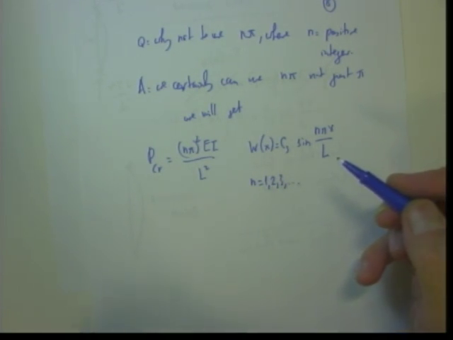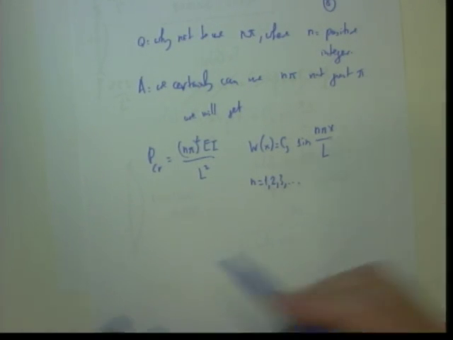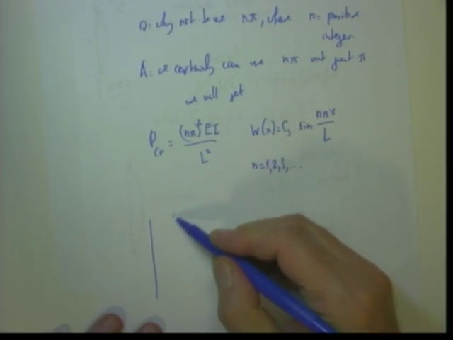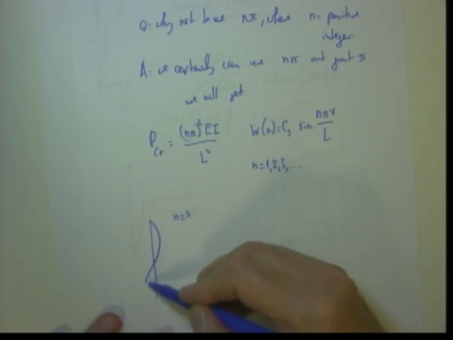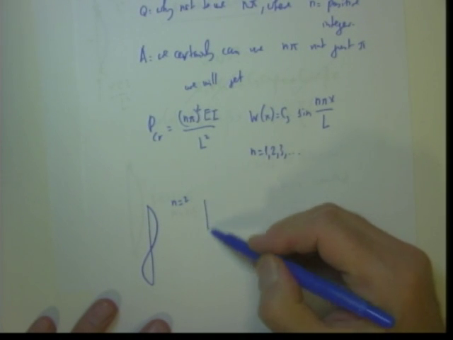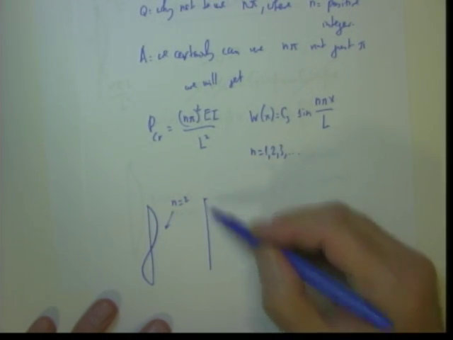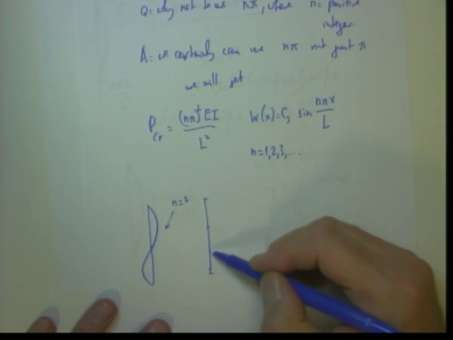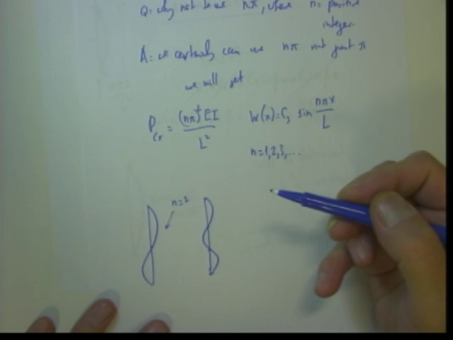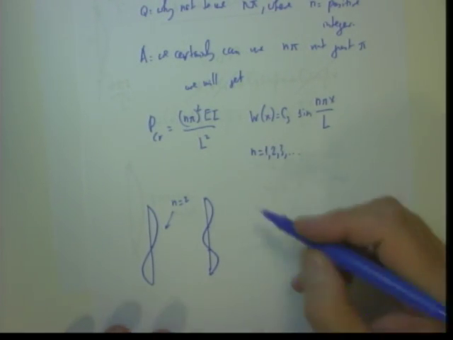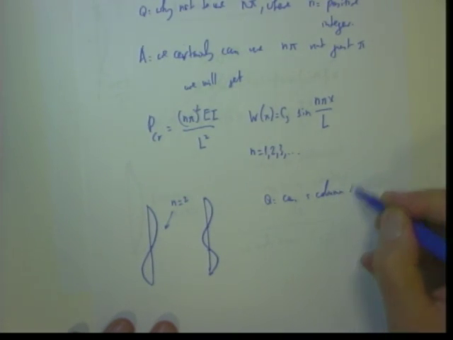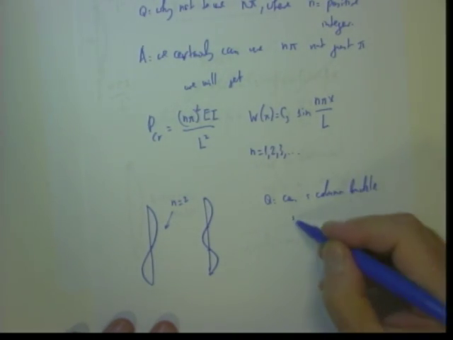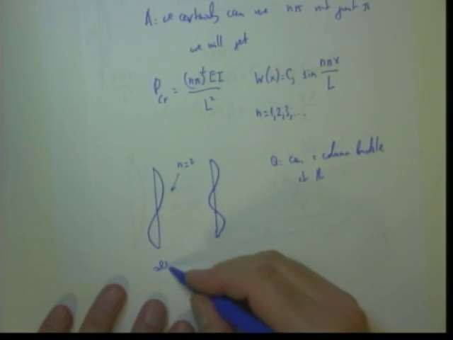I dealt with the first one just first. For example, if n equals 2, then this is happening. If n equals 3, then this is happening, etc. So a question: can a column buckle at, so this is called the second buckling mode.